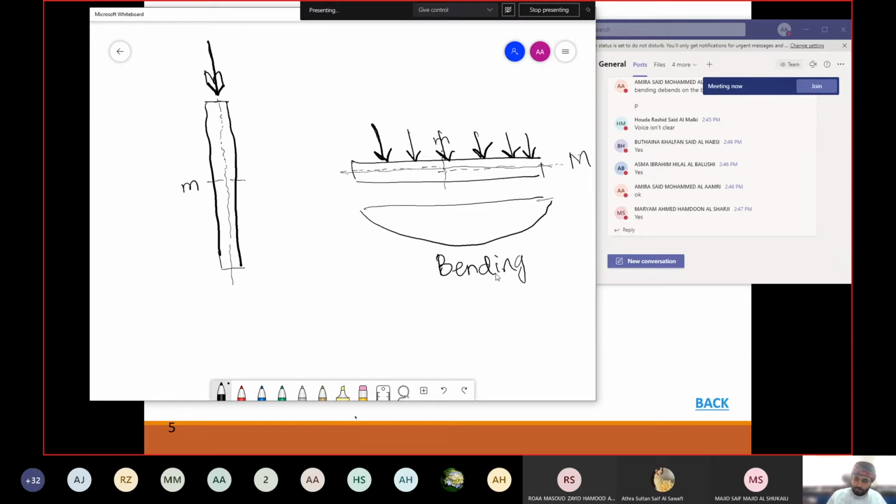And then for this one, before it buckles, first it will try to reduce in size, right? Are we fine? So first what will happen here? First compression is going to happen, and then it will start buckling.